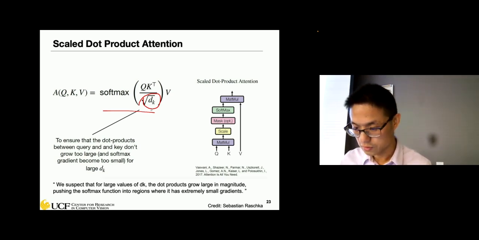The reason they use this scalar to normalize is because of the softmax. If we write out the softmax, you have e to the x, and you sum all the e to the x.